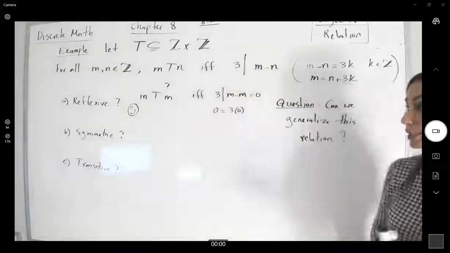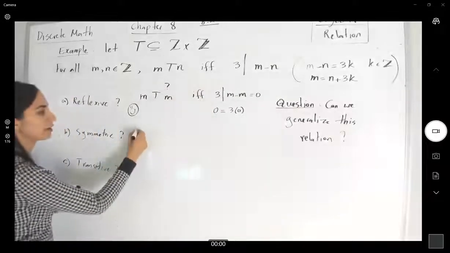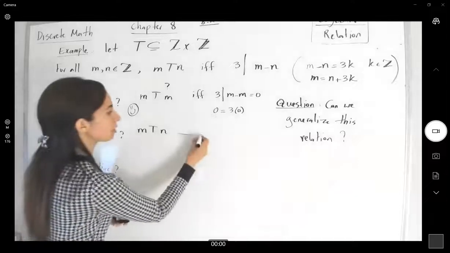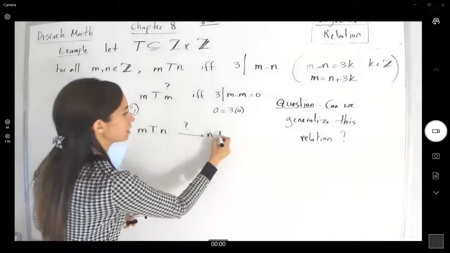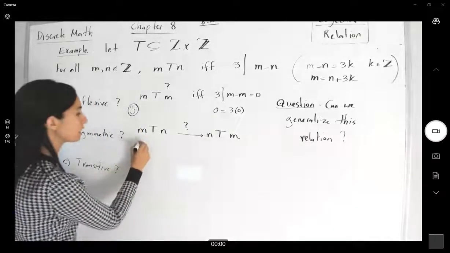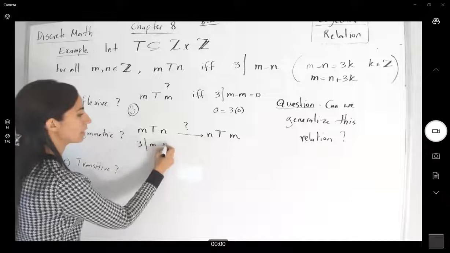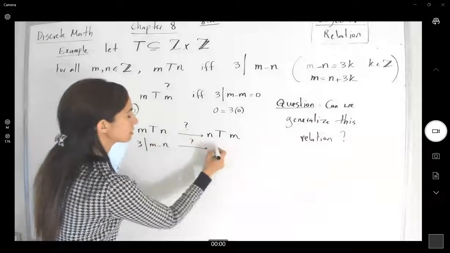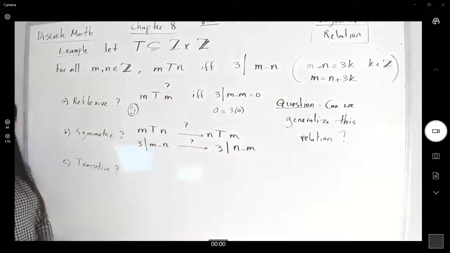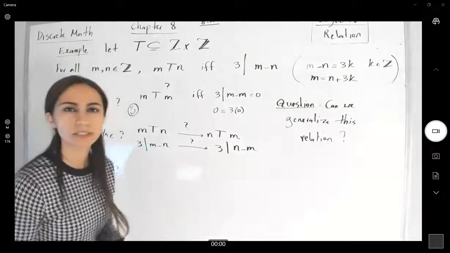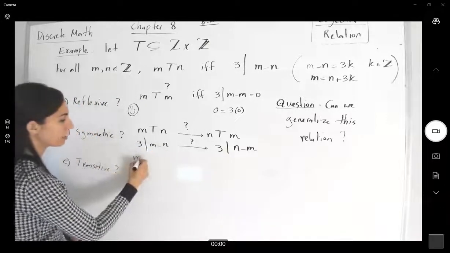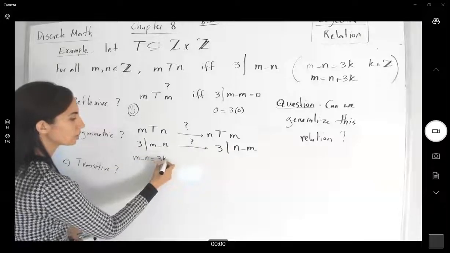Is it symmetric? It means that if M is in relation with N, can we conclude that N is in relation with M? Or in other words, if 3 divides M minus N, can we conclude that 3 divides N minus M? Okay, we know the definition of divisibility. There exists an integer K such that M minus N is equal to 3K.